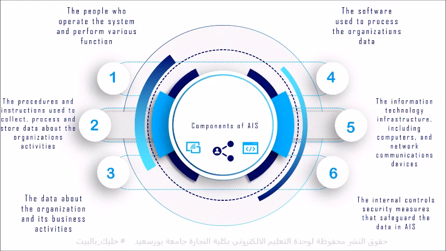As you all know, data is considered one of the most important resources of an organization, so the accounting information system is responsible for safeguarding this data by providing security and firewalls, so no competing organization can get to the organization's data and make use of it.